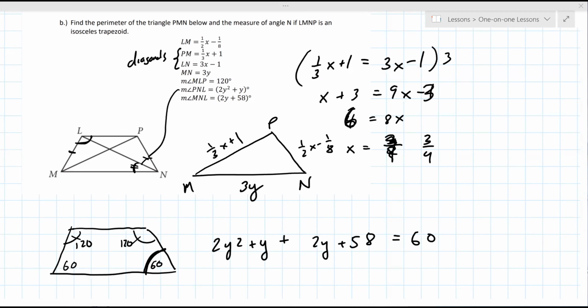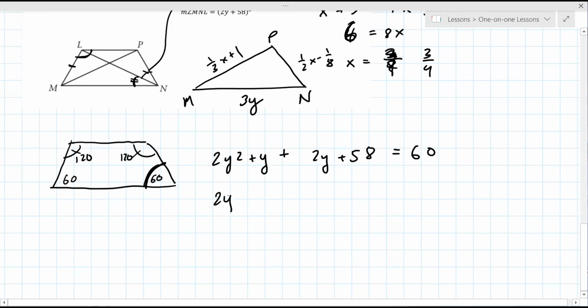So I see what you're saying, I need to solve for y. Yes. Okay. And there might be two y's because it's a quadratic here. So yeah, there is. 2y squared plus 3y minus 2 equals 0.